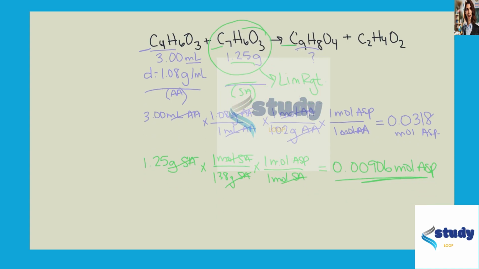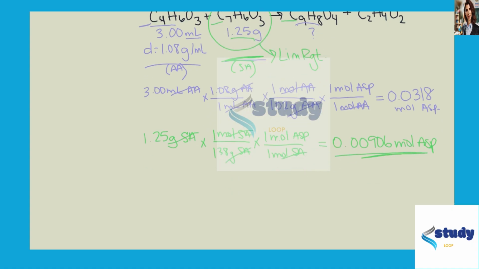So our theoretical yield is how much aspirin would be produced if all of the salicylic acid, our limiting reagent, was consumed. We already calculated that if we had 1.25 grams of salicylic acid, we would have 0.00906 moles of aspirin, but let's convert that into grams.